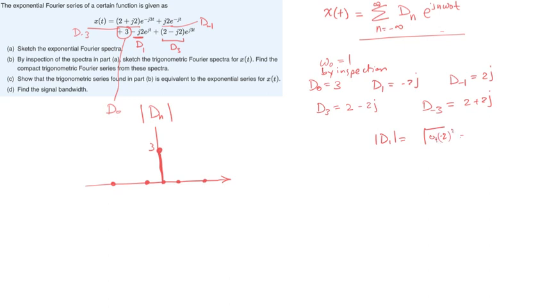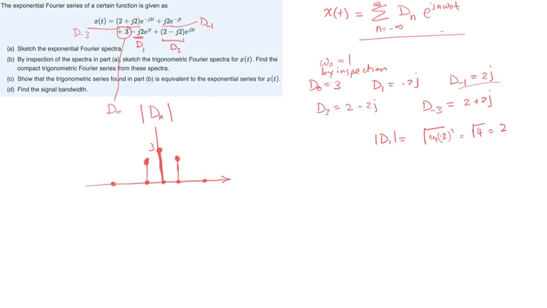And you add those together, so the result is the root of 4, which is equal to 2. But again, by just looking at it, it's a pure imaginary term, so whatever is multiplied by the j is the magnitude without the sign. So D1 has a magnitude equal to 2. And similarly, when you look at D minus 1, you will find that it also has a magnitude equal to 2. So the same thing here.